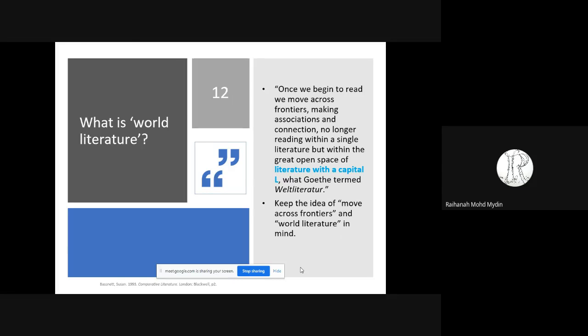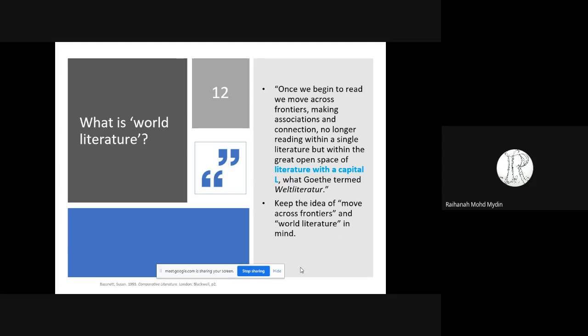Once we begin to read, we move across frontiers, making associations and connections. No longer reading within a single literature, but within the great open space of literature with a capital L, what Goethe termed world literature. Yeah, world literature.